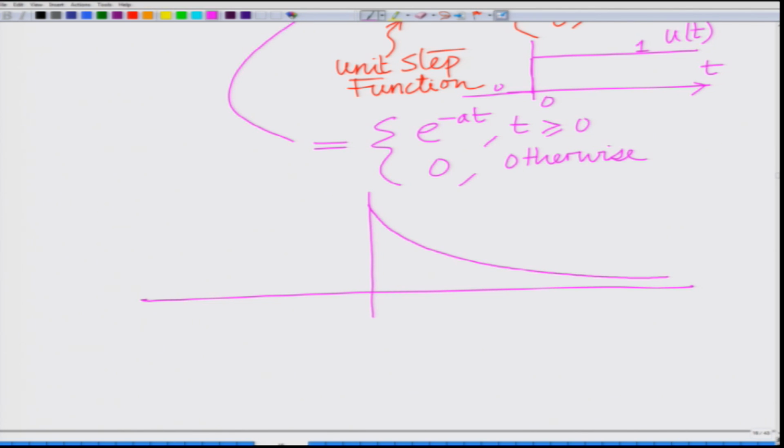This looks as e power minus a t for t greater than or equal to 0, and for t less than 0 it is obviously 0. So, this is basically your function e power minus a t into u t.